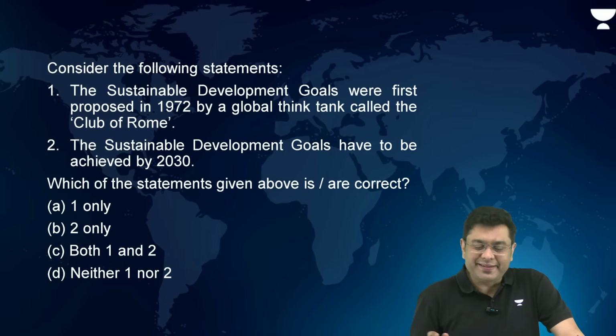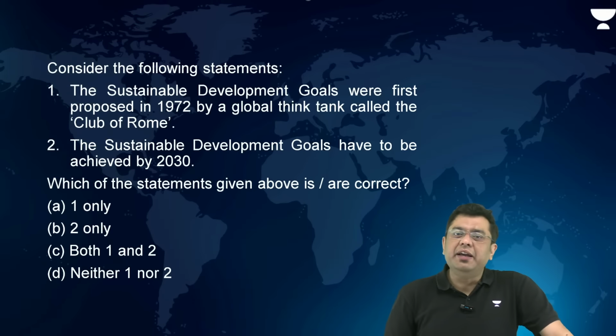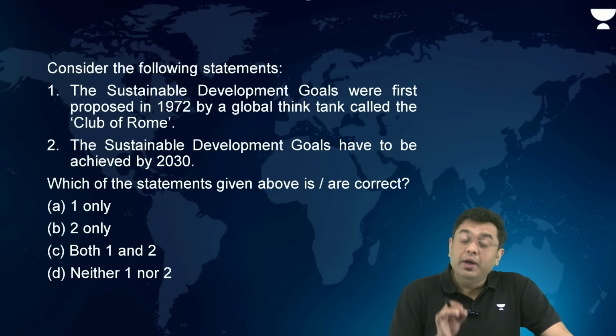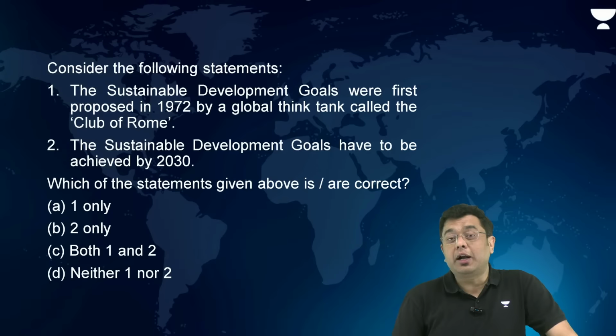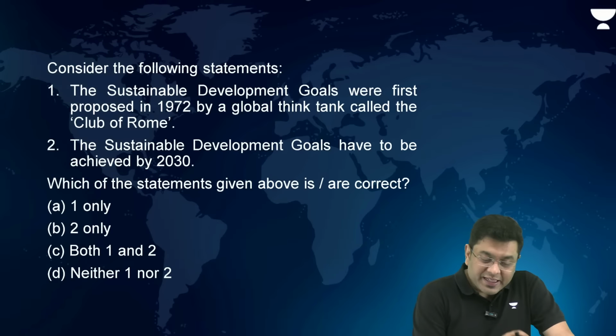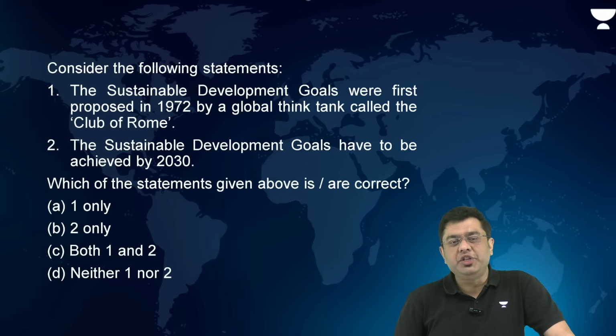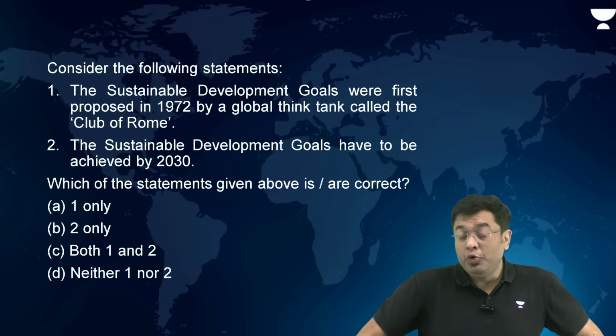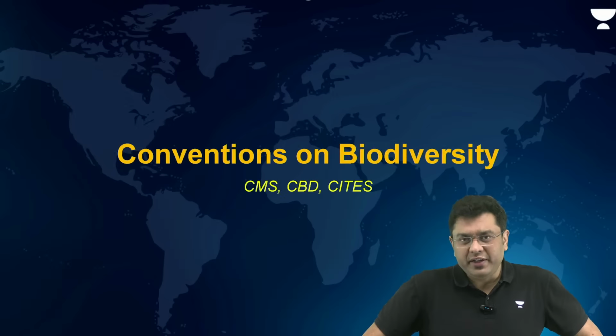Consider the following statements. Sustainable Development Goals were first proposed in 1972 by a global think tank called the Club of Rome. The Sustainable Development Goals have to be achieved by 2030. So take a look at all of these three questions. Let us know what the answers are in the comment section below. I hope nobody faces problems in solving these questions.